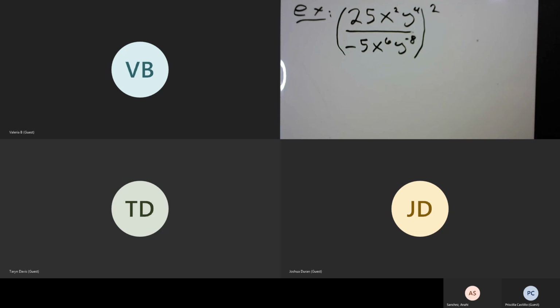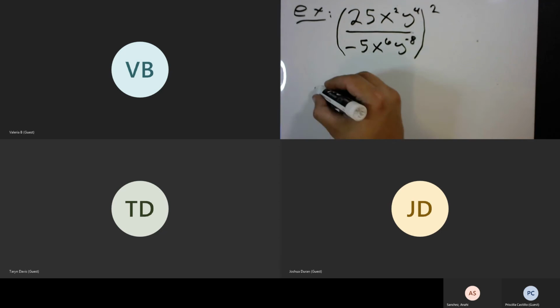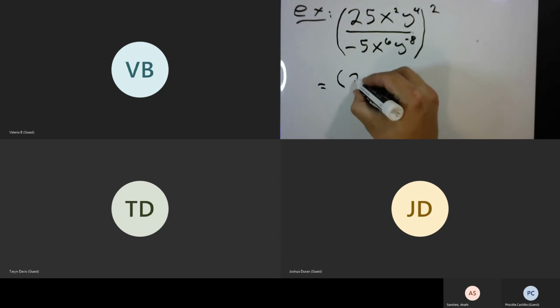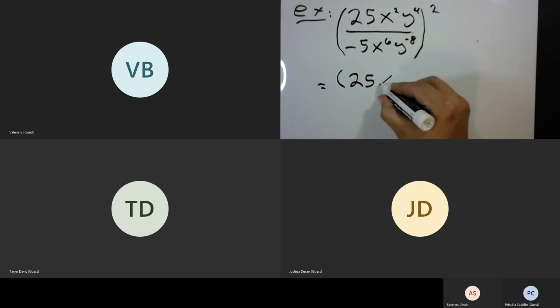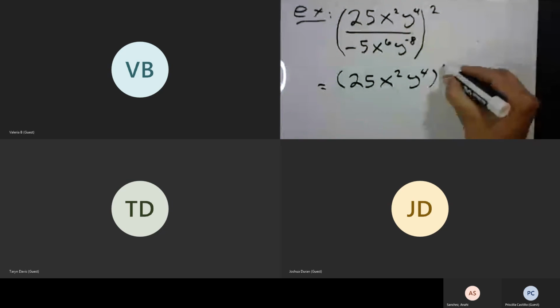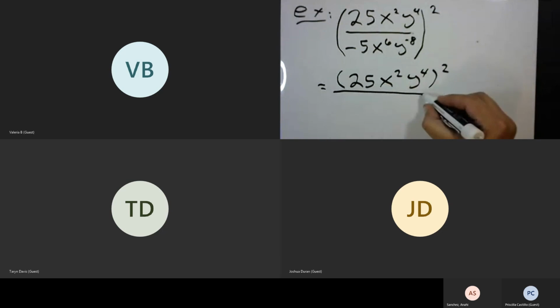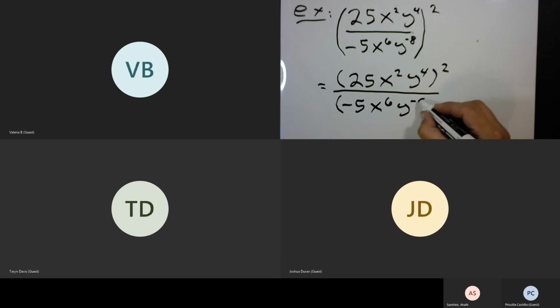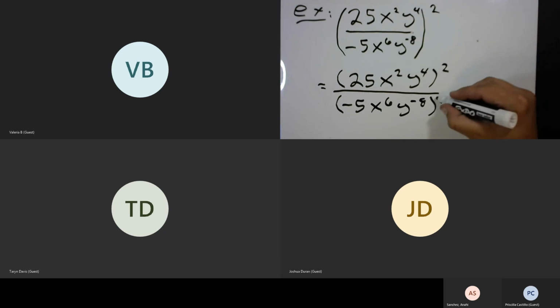Well, for this here, we're going to use our quotient rule to distribute this 2. So we're going to get this. We distribute that 2.